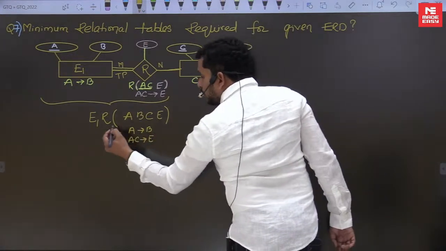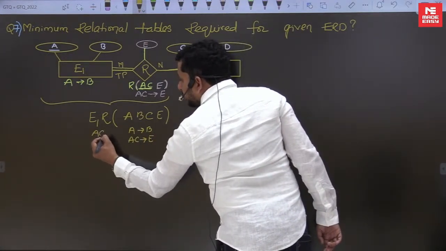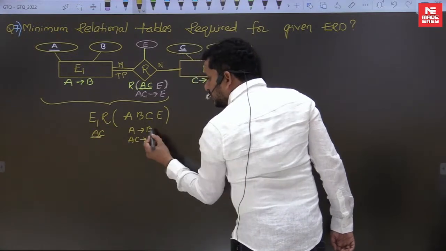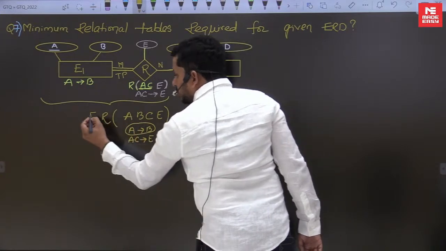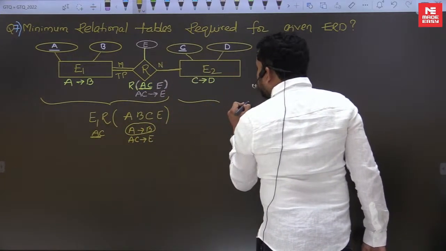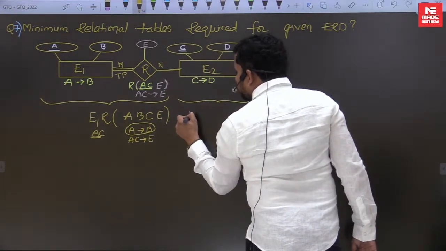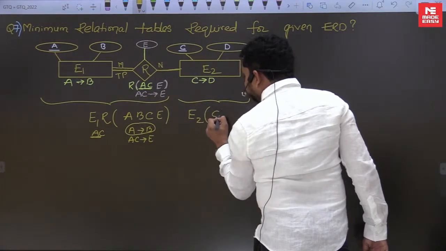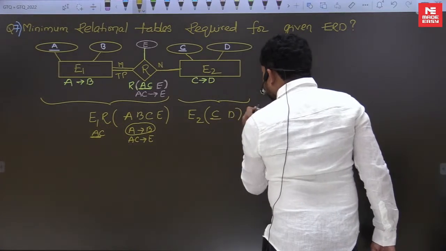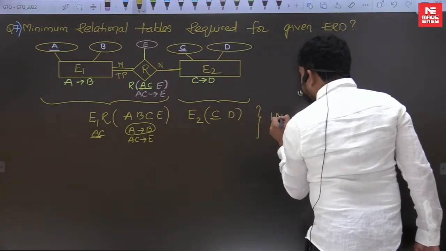Then the overall candidate key becomes AC. If the overall candidate key is AC, then A determines B is a partial dependency. It is not 2NF. So now it is only in 1NF. Minimum 2 tables is required, but the design only satisfies 1NF.